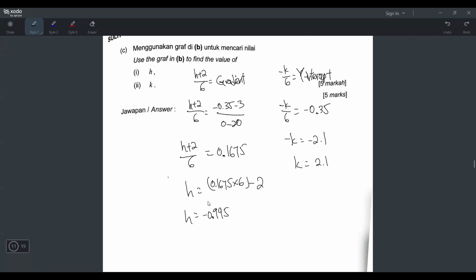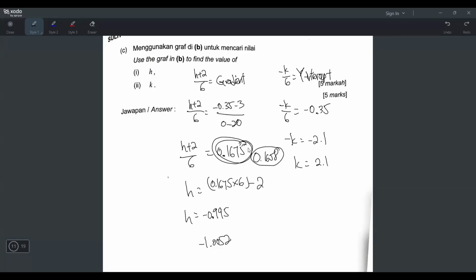All right, I'm looking at the schema. The schema K answer is the same as mine, but this answer is not the same. But actually, the schema answer is negative 1.0052 because the schema's gradient is 0.1658. But I want you to know 0.165 and 0.1675, the difference is very small. If you use calculator to minus, what's the difference?